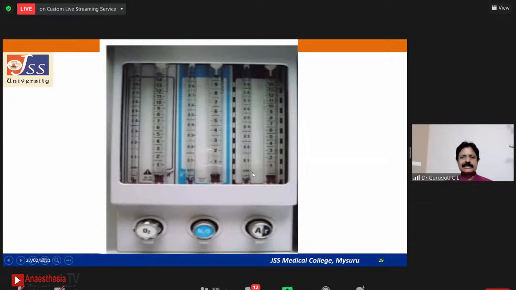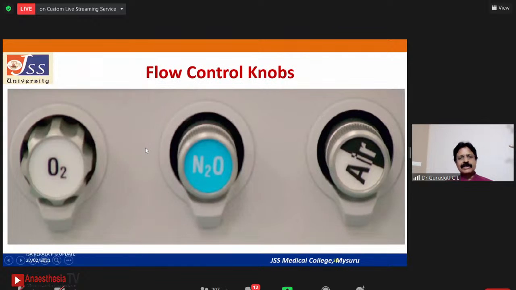This is a safety feature in the newer workstations, where we have 2 flow meters dedicated to each gas. One flow meter is mainly dedicated for low flows, so you can be very accurate for low flows. The other flow meter is for high flow. This is one of the safety measures.